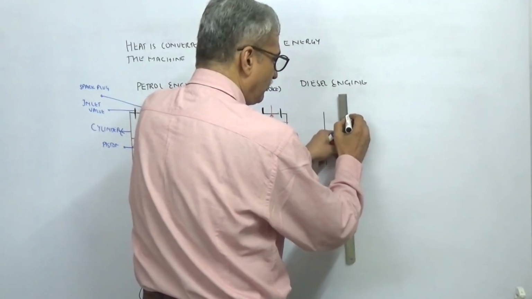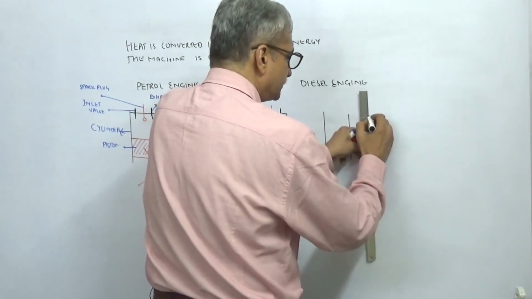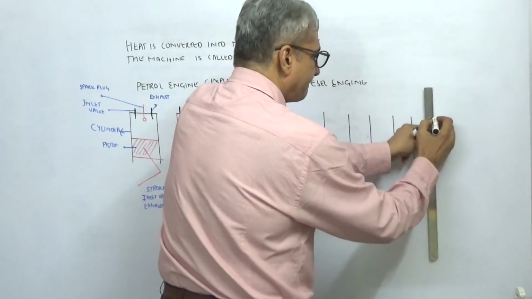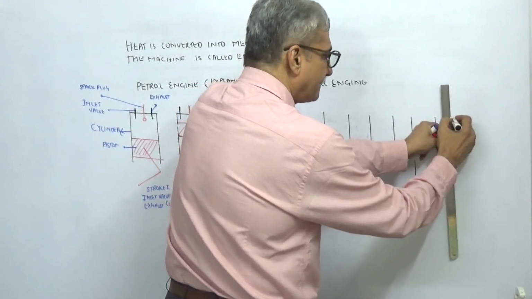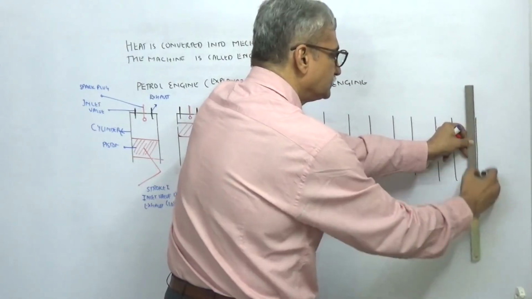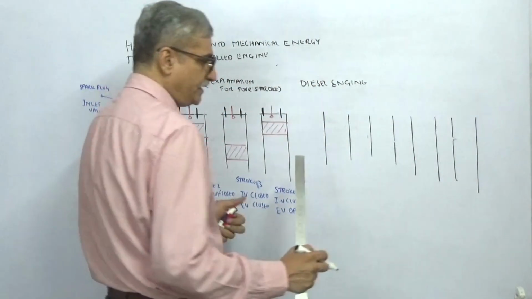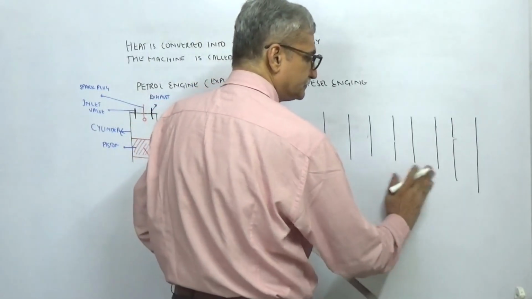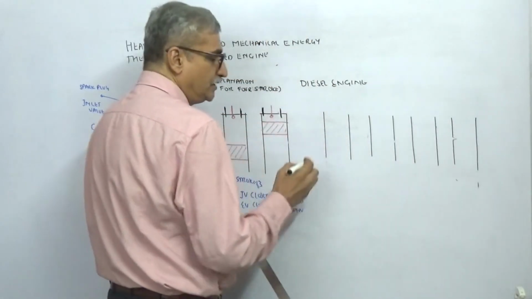I'll first draw 1, 2, 3, 4. So what happens?